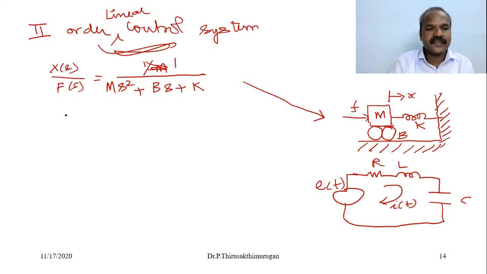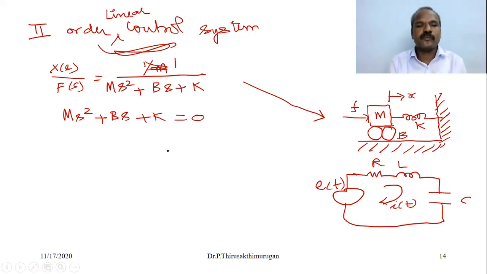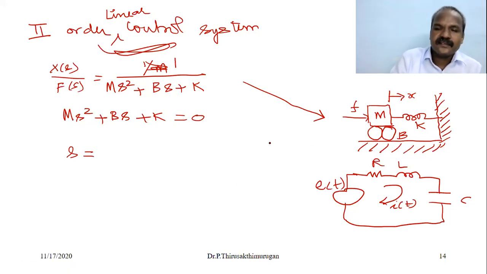From this denominator, we can get the characteristic equation m s square plus b s plus k equals 0, in a closed loop system. So for this second order system, what will be the poles? s equals minus b plus or minus square root of b square minus 4ac, divided by 2a.